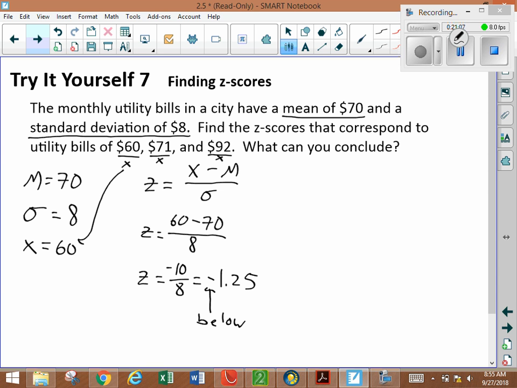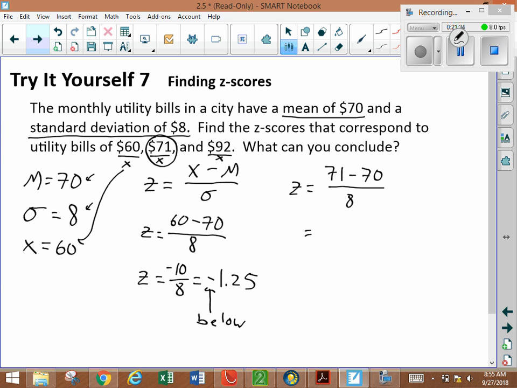Let's do the next one. Our standard deviation and our mean are the same. What changes is our x value. We're going to plug this in for our x value instead. So 71 minus 70 divided by 8. What's that going to be?